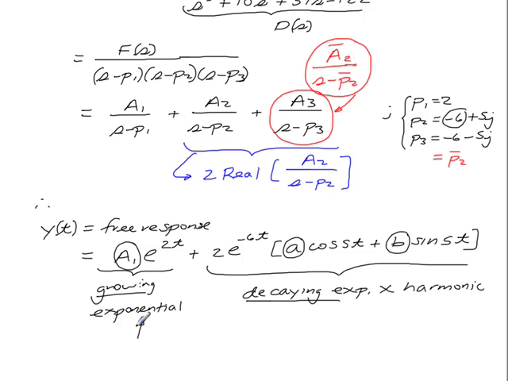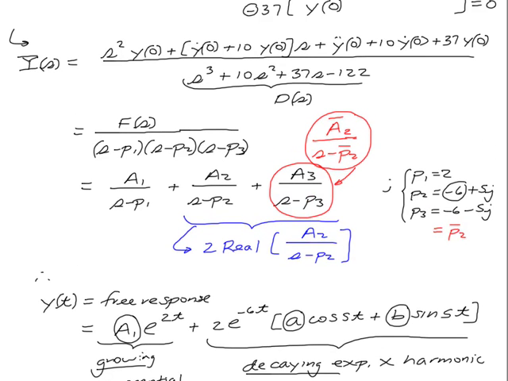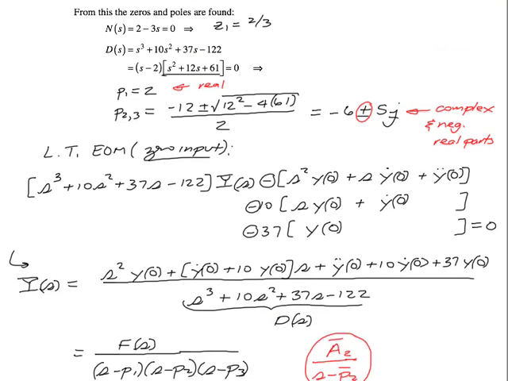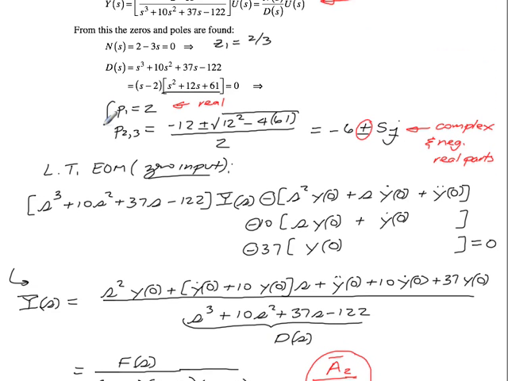So we went through some of the work that takes us down to that step, but what we need to learn is that we don't even have to take it this far. Once you know the poles of your transfer function, that's all you need to know. Because right here we could have said, based on what we've seen before, when your poles are complex with negative real parts, that corresponds to decaying exponentials.